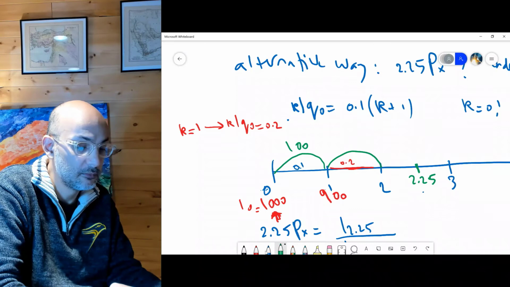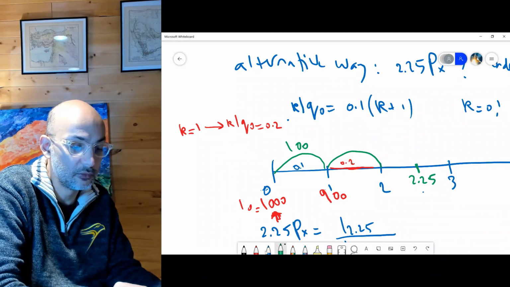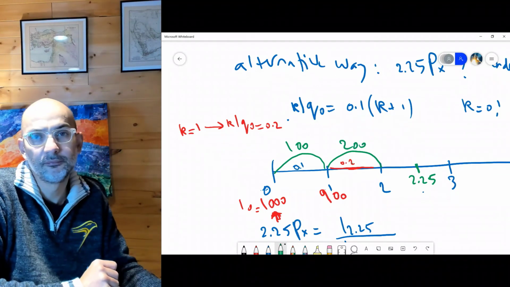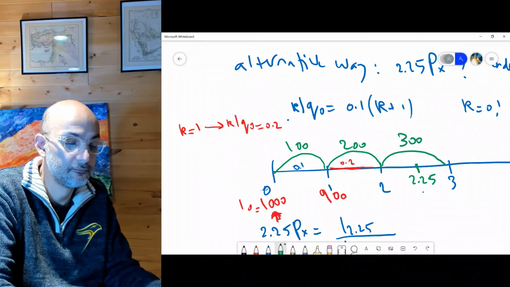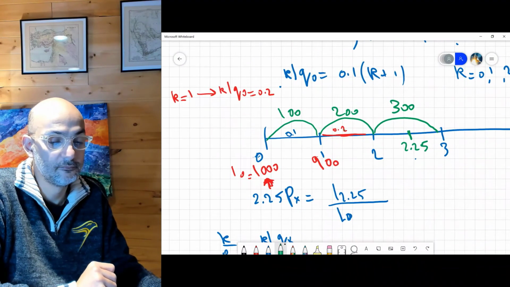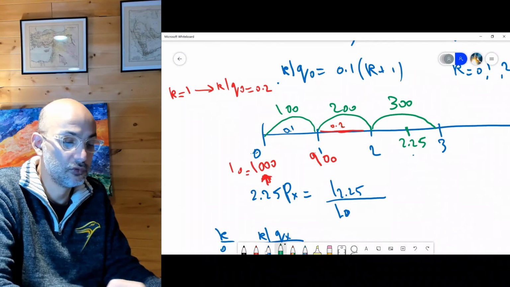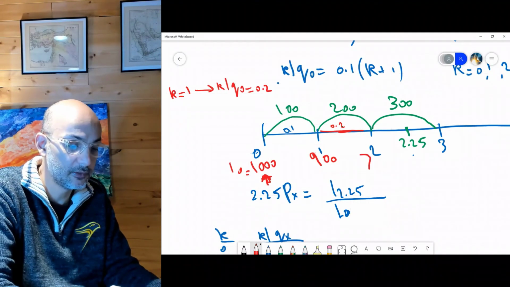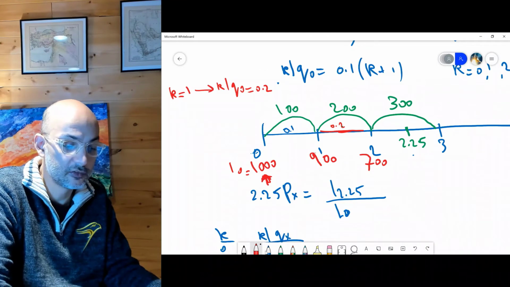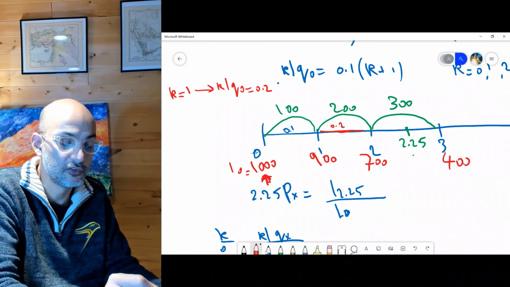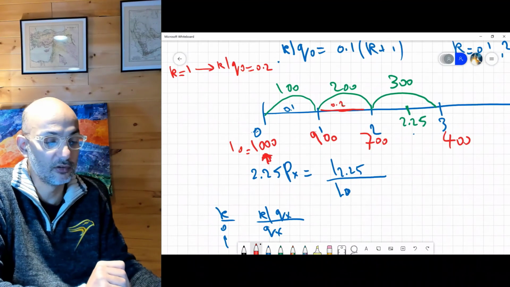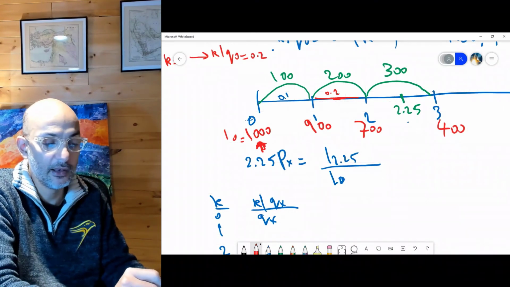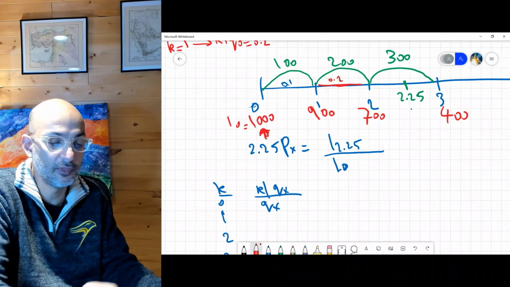So the death, because 0.2 of this, will be 200, right? If you do the same thing here, the death will be 300. So if 200, this will now be 700, and this will be 400. If I plugged in the numbers and got this one, just try to work it out yourself. I used an arbitrary cohort at the beginning of the year, and I applied this mortality. This is what I got.